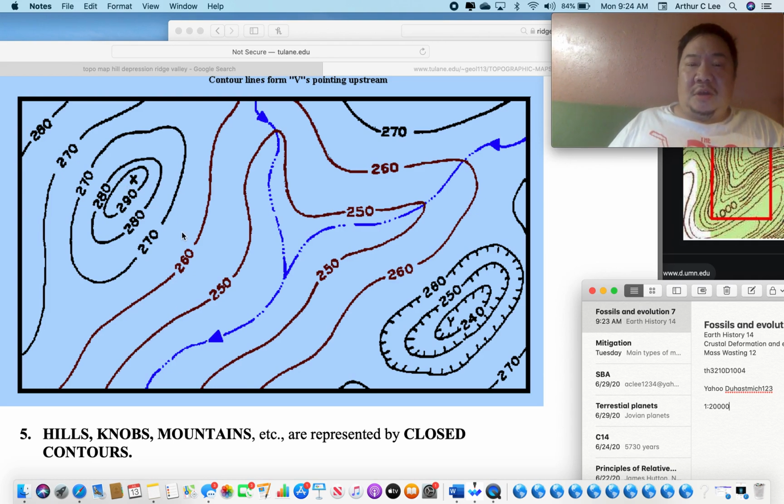Okay? So that's what scale means. It could be any unit of length. 1 is equal to 20,000 of those same units of length in the real world. Now, if the map is a scale of 1 to 100,000, then it's going to cover more ground. 1 inch on that map would be 100,000 inches in the real world.